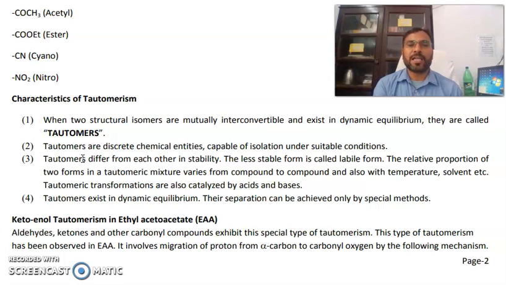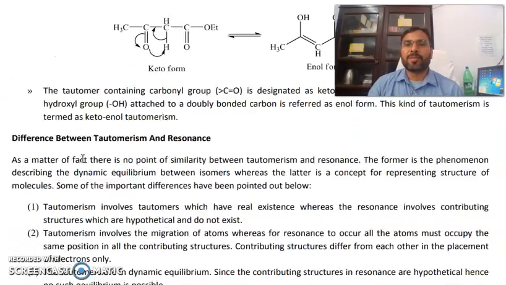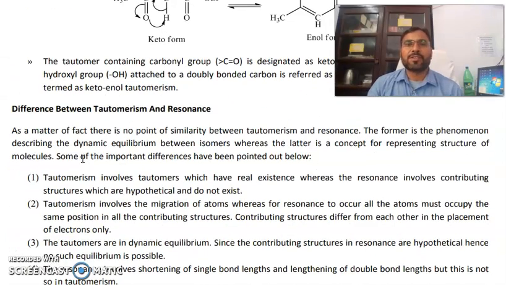Their separation can be achieved only by a special method. Keto-enol tautomerism in ethyl acetoacetate. Aldehydes, ketones and other carbonyl compounds exhibit this special type of tautomerism, and it has been observed in ethyl acetoacetate. It involves migration of a proton from the alpha carbon to the carbonyl oxygen by the following mechanism. So you can see the keto form, and you can see the enol form.